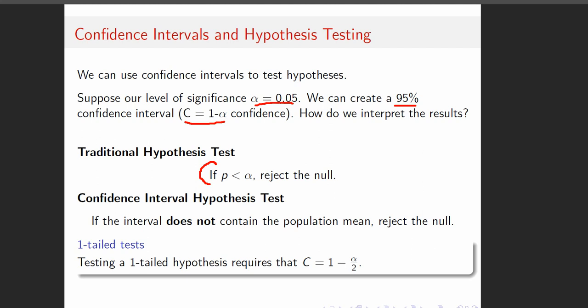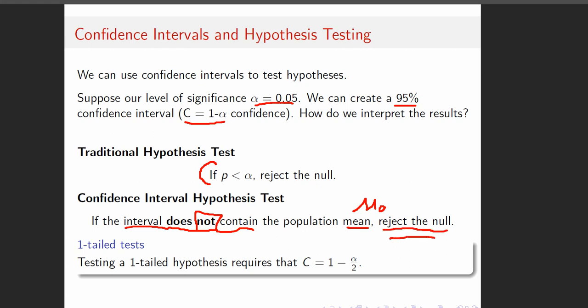The confidence interval is a little bit different. We look to see whether or not the interval contains the population mean. In the previous example, it was 7.5, but 7.5 was not contained in that gold confidence interval. If the confidence interval does not contain the mu sub 0 number from the null hypothesis, we reject the null.